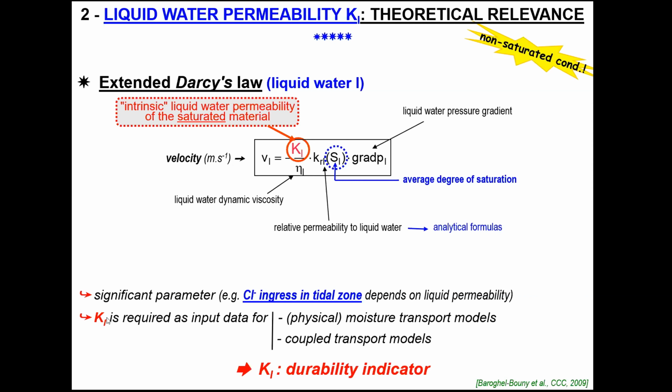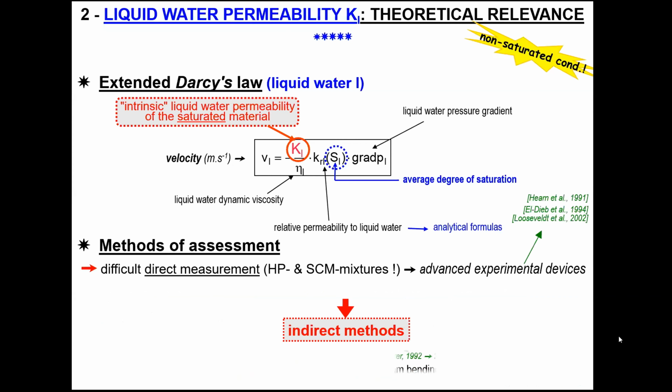And you will require such a parameter, or any other one which is theoretically correlated with this indicator, when you need to describe or predict moisture transport or coupled transport, so for example carbonation or chloride ingress in field conditions.